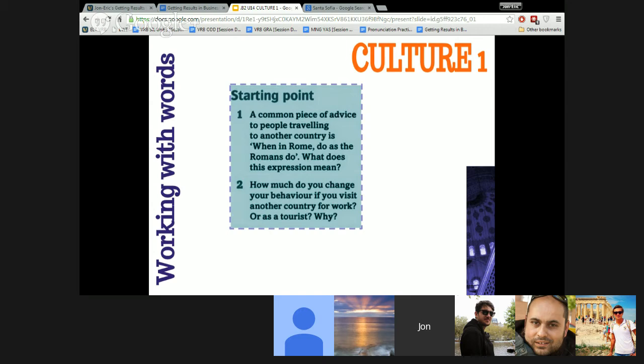A common piece of advice to people traveling to another country is when in Rome, do as the Romans do. What does this expression mean? When you were in Greece, did you do as the Romans did? Did you have to change your behavior?